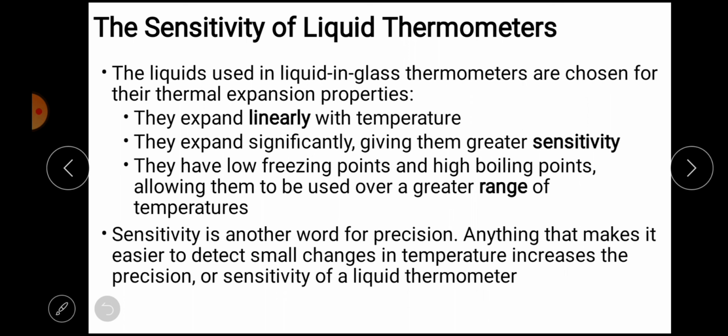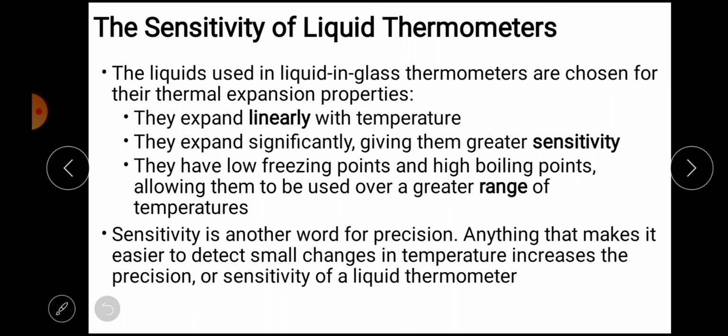Because they have a low freezing point, they cannot easily freeze, so they can be used to measure a greater range of temperature. When they freeze, the thermometric property changes, because now it would be a solid. So we are able to use it while it is still a liquid.